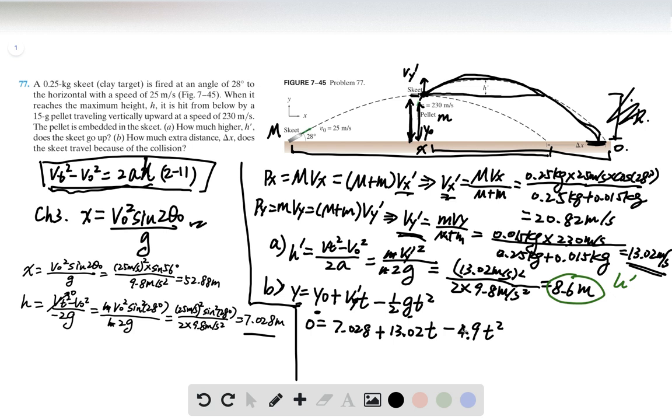So with this equation, this is a quadratic equation, we find that t equals 10.02 plus or minus 13.02 squared. So that's just the standard formula for the solution of a quadratic equation.